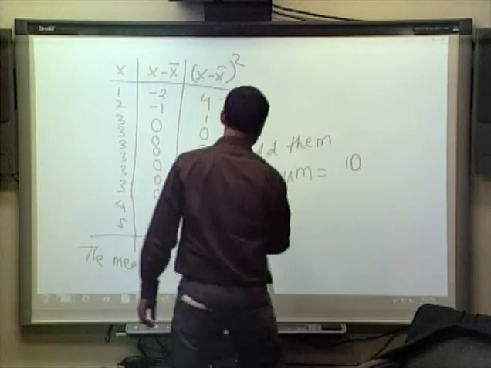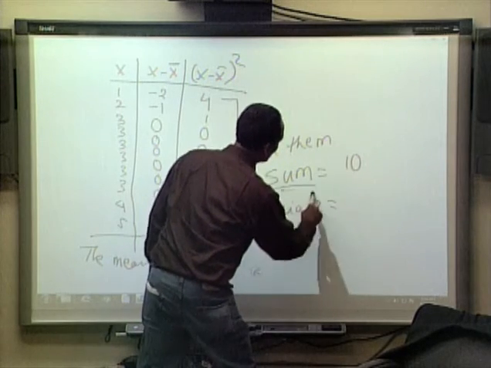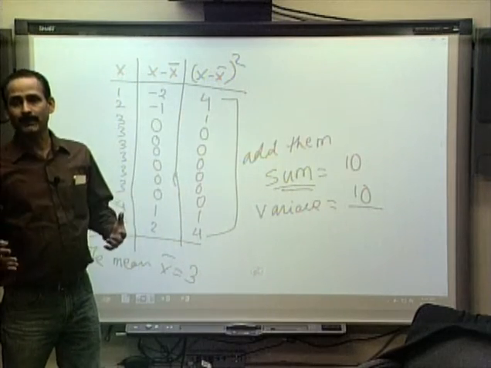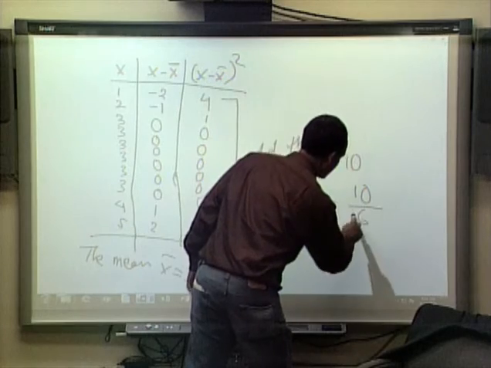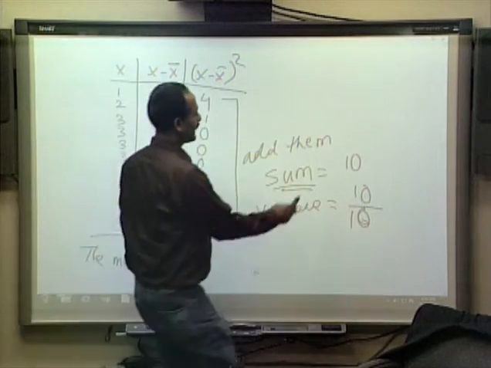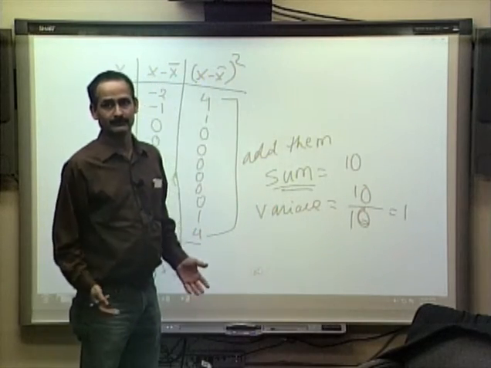The variance is nothing more than this sum, 10, divided by the number of observations. The number of observations in this case is 10. So 10 divided by 10 is 1. So the variance is 1.